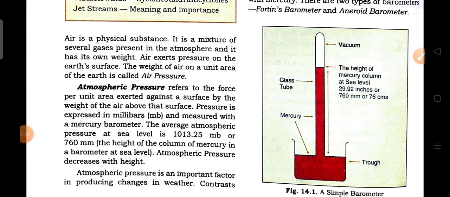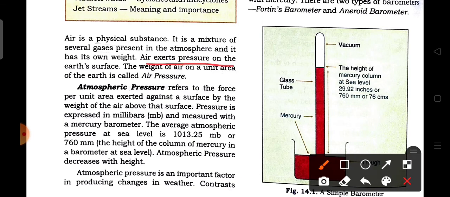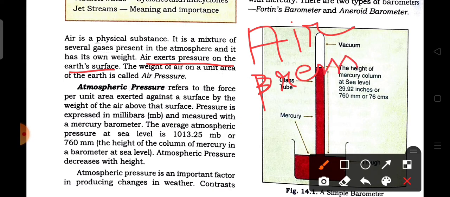After this, the air exerts pressure on the earth's surface. From this, the term air pressure, we can know that the air exerts pressure on the earth's surface.